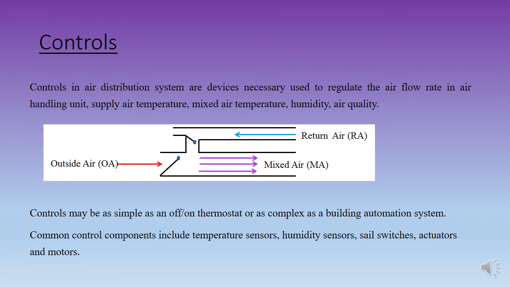For example, we have BMS, building management system. Common control components include temperature sensors, humidity sensors, switches, actuators, and also motors. So control and sensors cannot be separated.